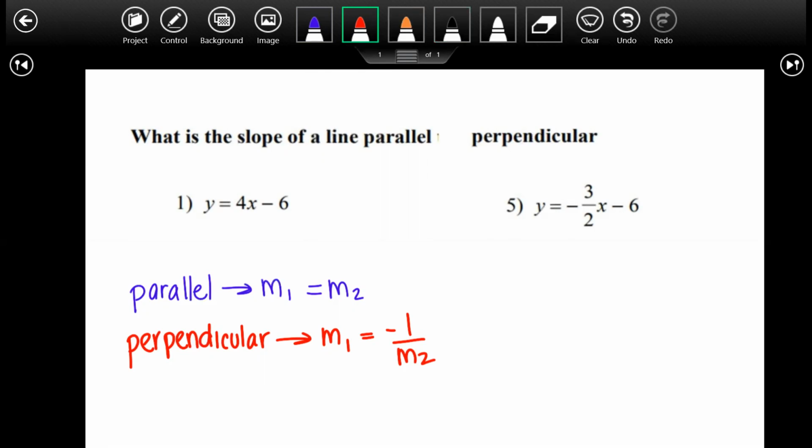M1. We have to be able to identify these two different types. Our slope in this equation is going to be 4. The parallel slope to this would be m is equal to 4.